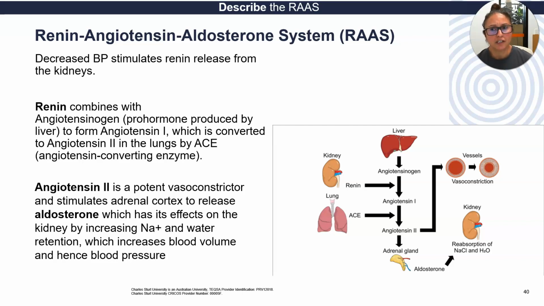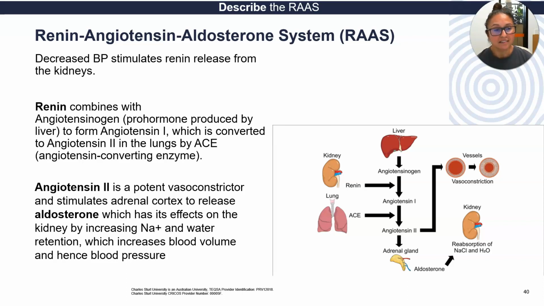So when your kidney detects a drop in blood pressure, it starts to release a molecule called renin. Now renin is dumped into your bloodstream, the systemic circuit.